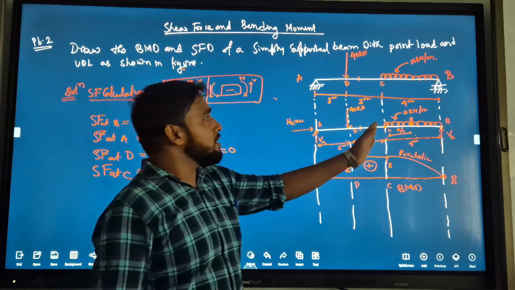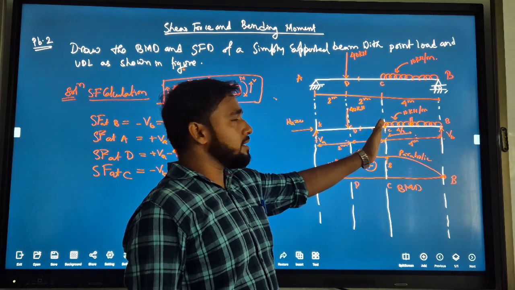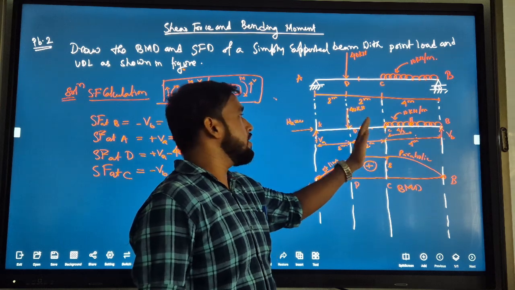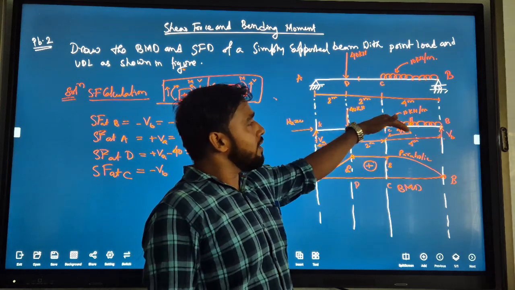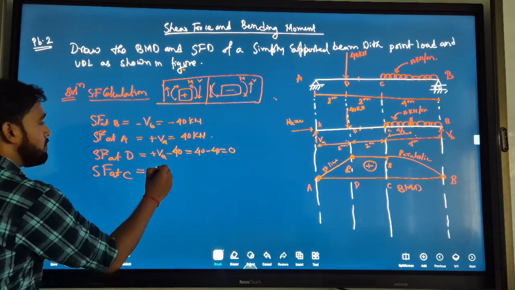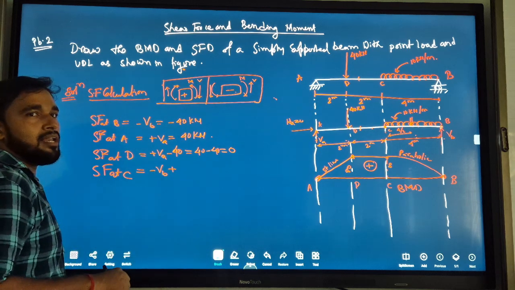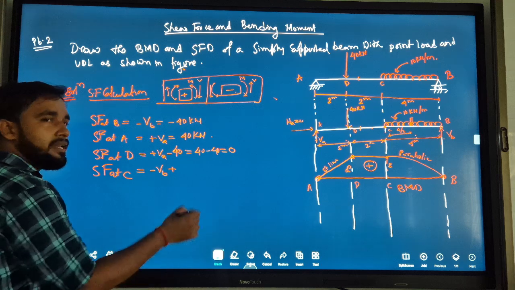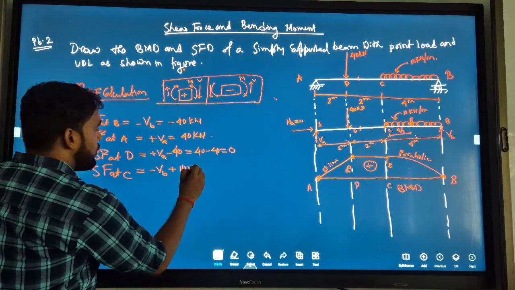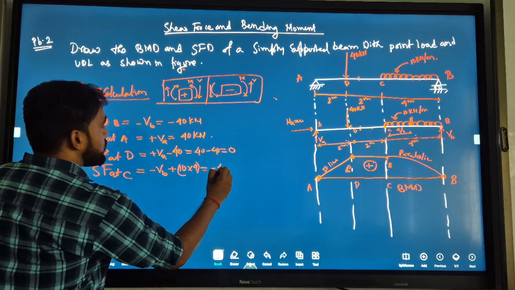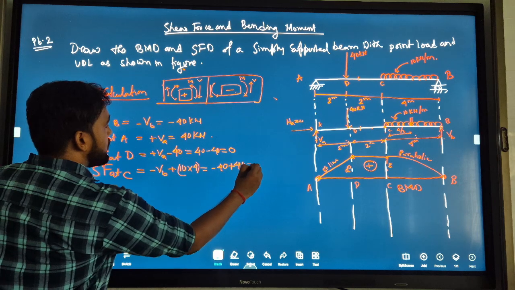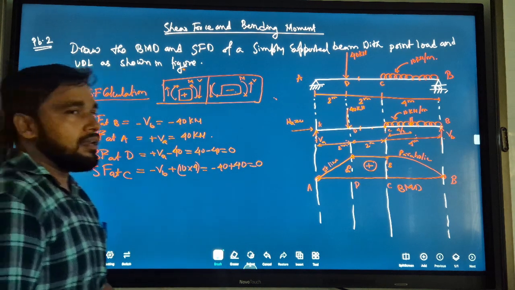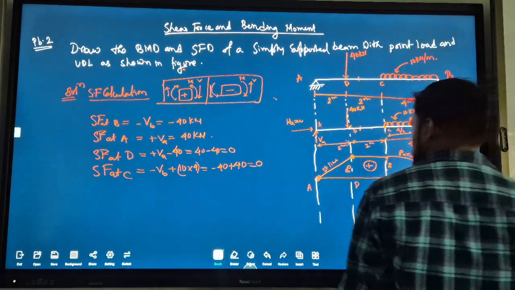Calculate the shear force at C. You can stand here and look towards B, or towards either D or A. Okay, let's look towards B. So minus 40 plus how much UDL? 10 into 4, so minus 40 plus 40 comes 0. Now let's draw the shear force diagram.